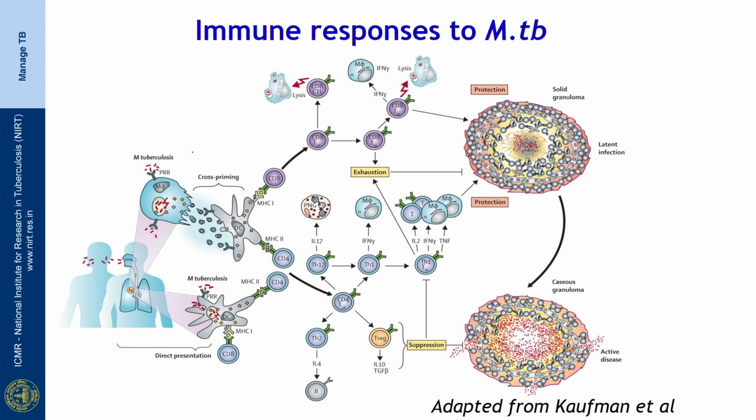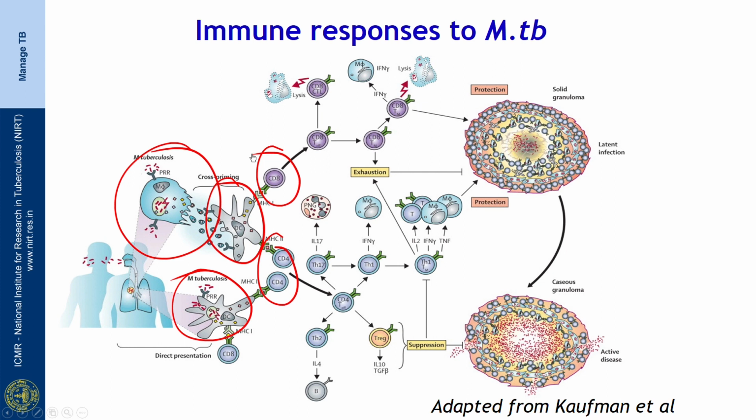Mycobacterium tuberculosis infected cells typically interact first with dendritic cells, which are the important initiators of innate and adaptive immune responses. These dendritic cells then activate both CD4 as well as CD8 positive T cells. In terms of the CD4 T cell arm of the immune responses, we know that the CD4 T cells differentiate into Th1 cells, into Th17 cells, as well as into multifunctional Th1 cells.